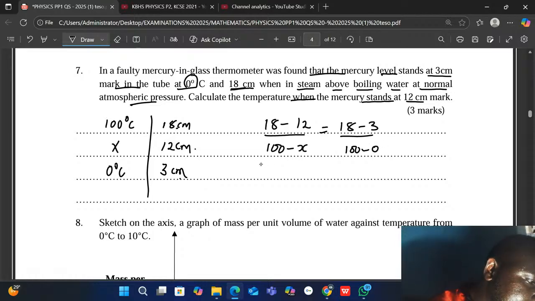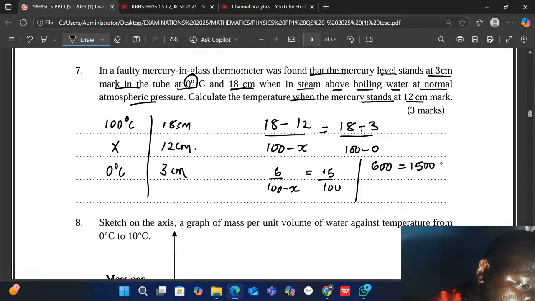So how does this one look like? This becomes 6 out of 100 minus x is equals to 15 out of 100. So we want to have a part where we can remain with x as the subject of the formula. So if we cross multiply, then it becomes 600 is equals to 15 times 100, which becomes 1500, minus 15x.